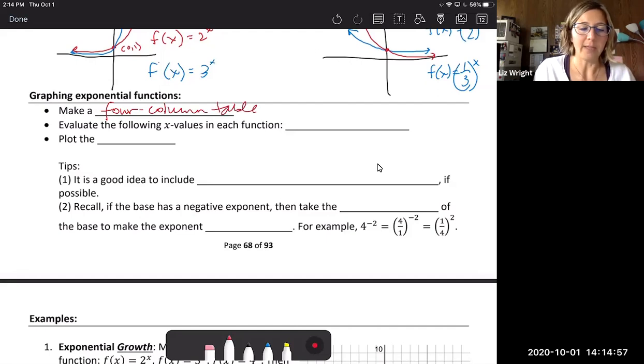And we're going to evaluate the following x values in each function. So we're always going to do this. We're going to do -2, -1, 0, 1, and 2. So we're doing those 5 values because sometimes they increase very rapidly, and so we want to see what that change is going to look like. And then we're going to go plot the ordered pairs.